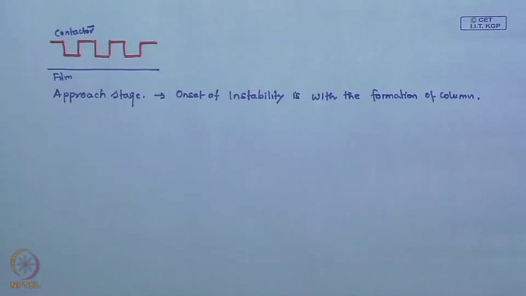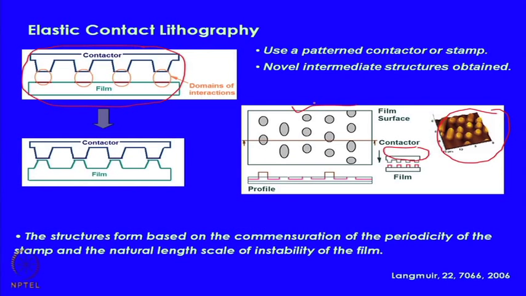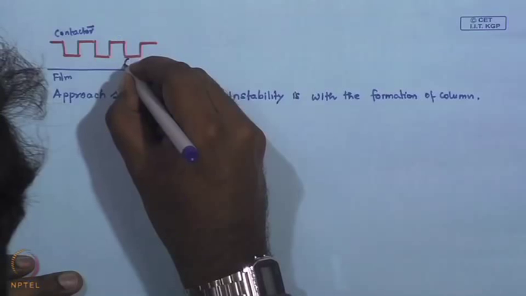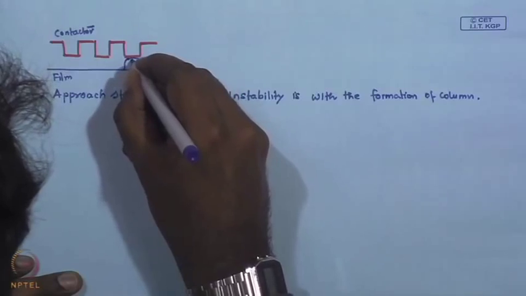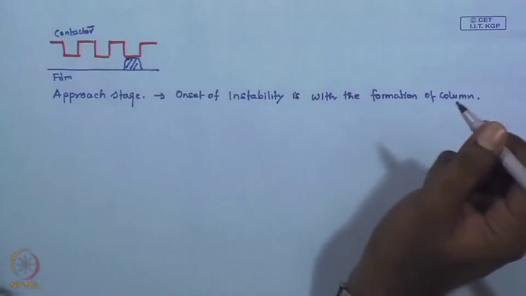But what is the difference here? The key difference is that because of the presence of the stamp protrusions, or a topographically patterned stamp, the columns that appear are not random, but they are aligned, and all the columns form at some zone or the other which is below a stamp protrusion. It may not be forming at all locations.